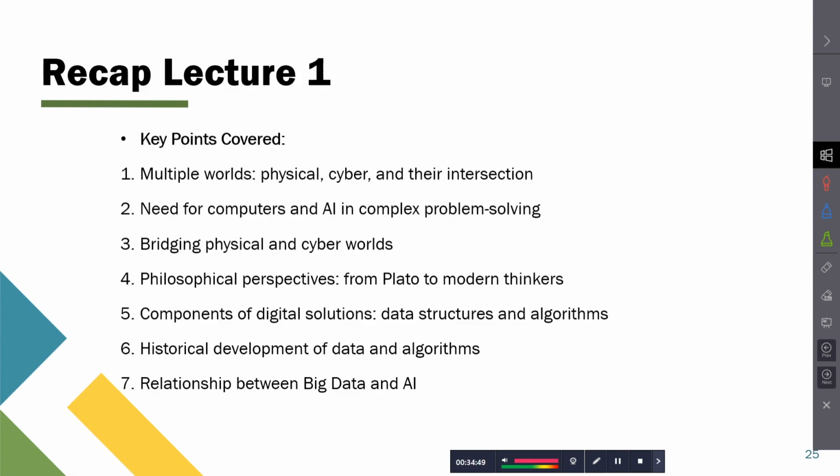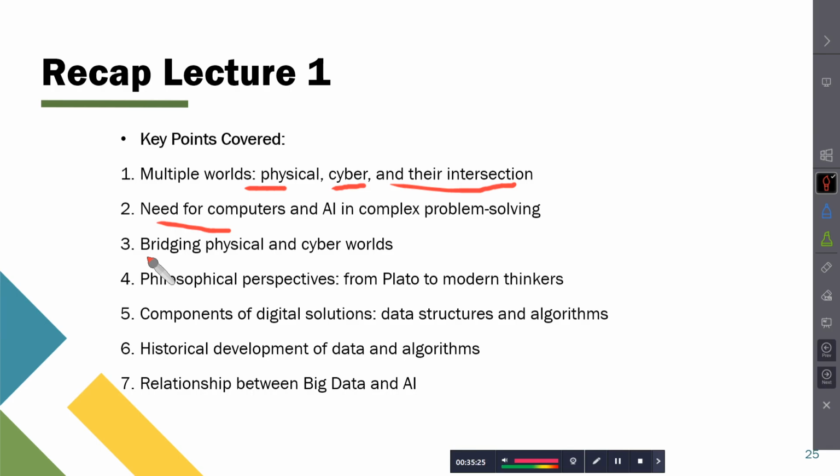So if I go to the next slide and recap our slides. As a recap, we explored the concept of multiple worlds, like physical and cyber, and their interactions. We discussed why we need computers and AI to solve complex problems.